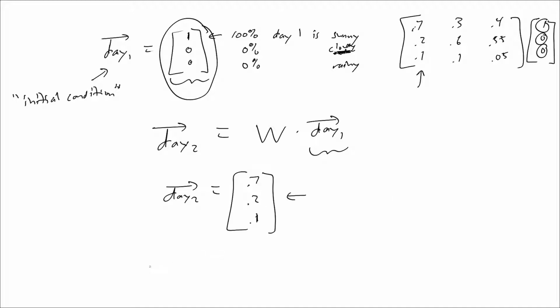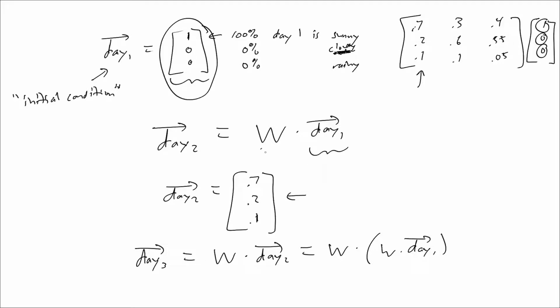Okay. Now, what is the weather going to look like on day 3? And you can see where I'm going with this. That is going to be W times day 2, because all we do is run it forward one more day. And day 2, of course, is W times day 1, right? Because that's what we did right here. This is how we got day 2.